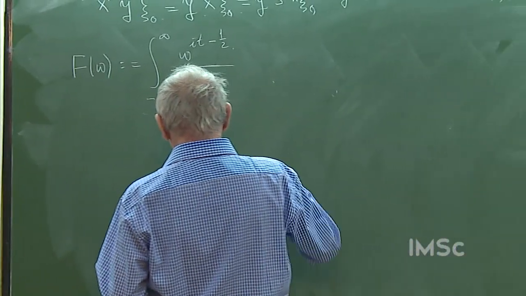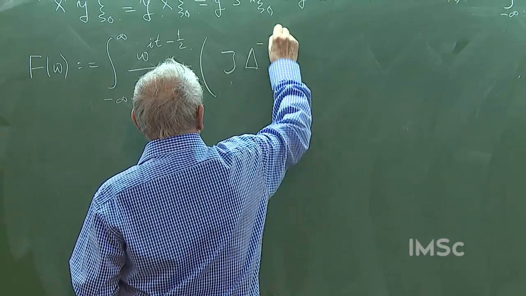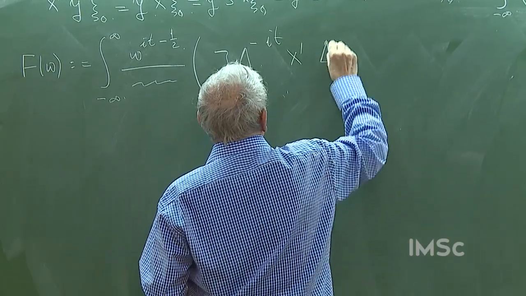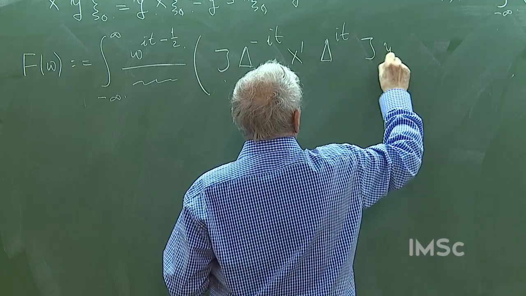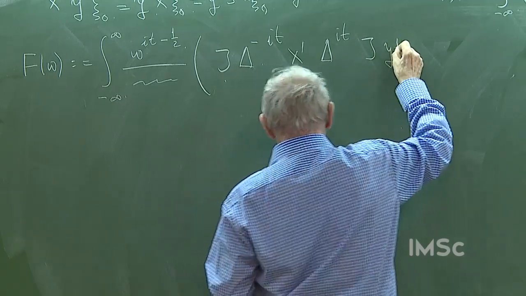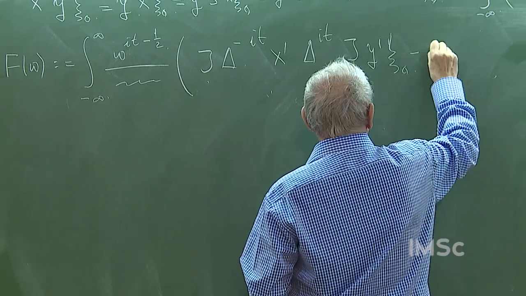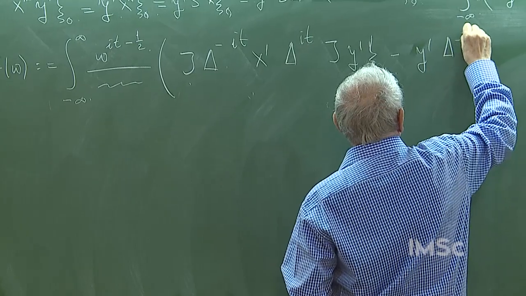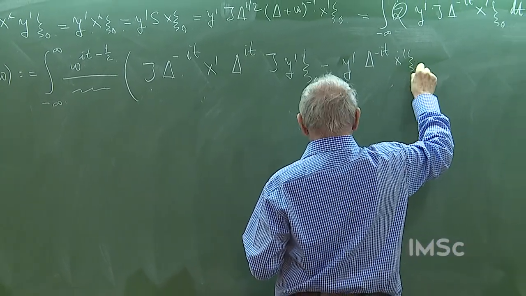Okay, now consider this function. Here is J delta power minus it x prime delta power it J y prime psi naught minus y prime delta to power minus it x prime psi naught.